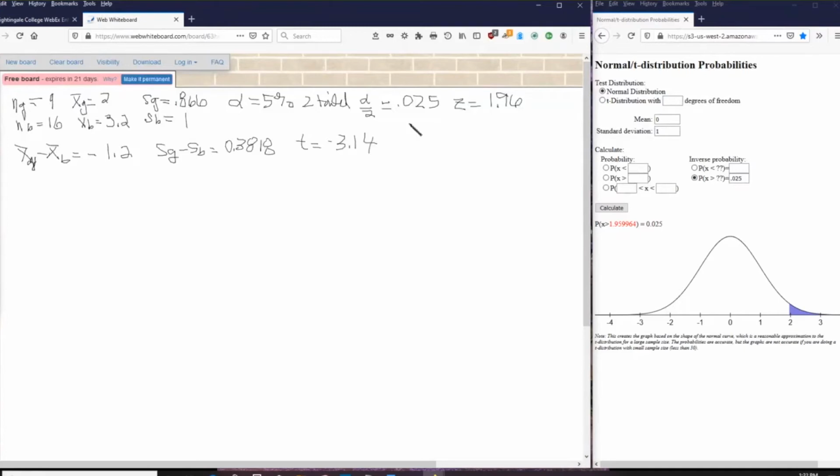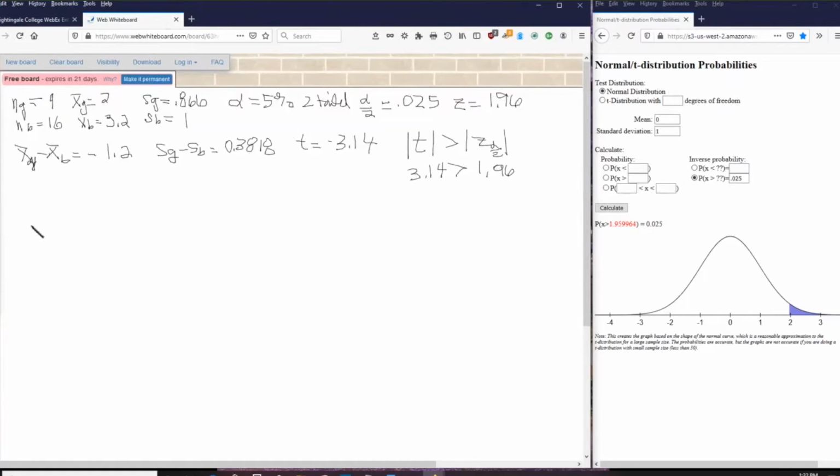And we showed that the absolute value of our t-score was greater than the absolute value of our z of alpha over 2. So that was 3.14 is greater than 1.96. So that's what we've calculated so far.